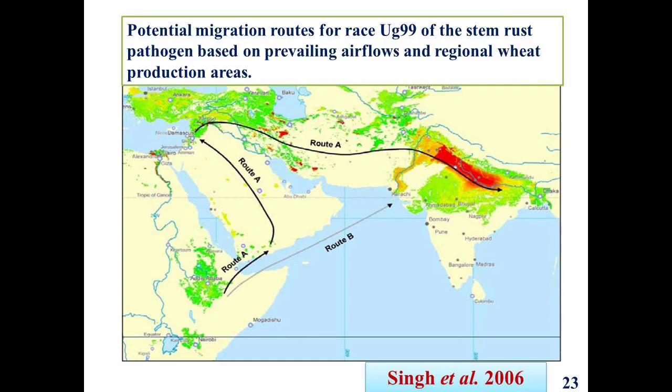It is the potential migration route of the UG99 strain, and this is based on prevailing airflows and regional wheat production areas. In the next lecture, we will study another 2 types of rust, that is leaf or brown rust and yellow rust, in detail.